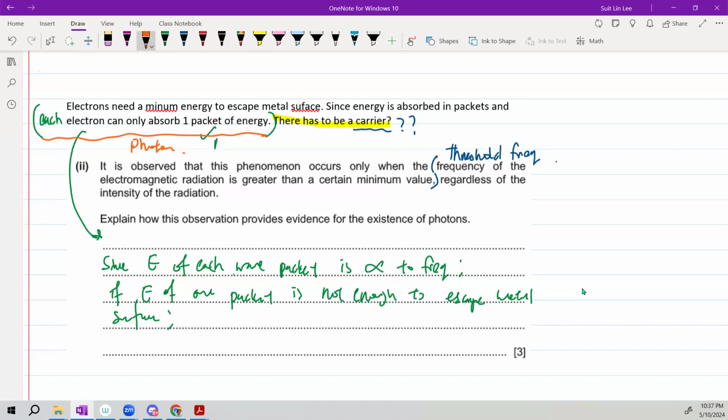Why one packet? Because each electron only takes one packet. Why a specific particular frequency? Because the energy of the packet is proportional to frequency. There is no carrier. The light particle has no mass.